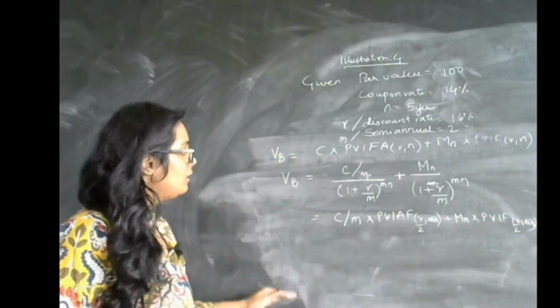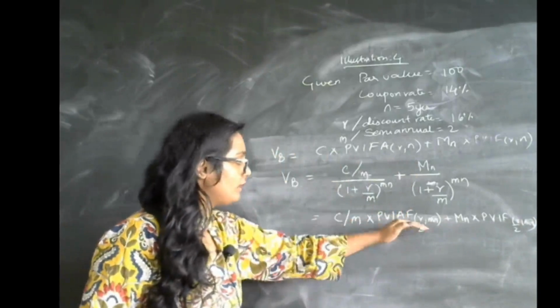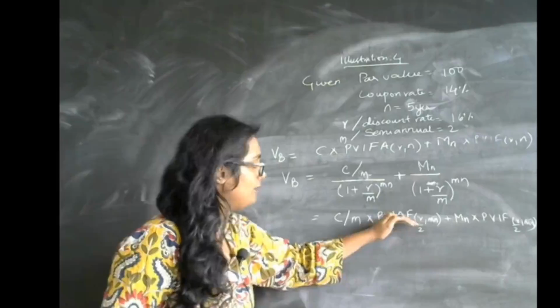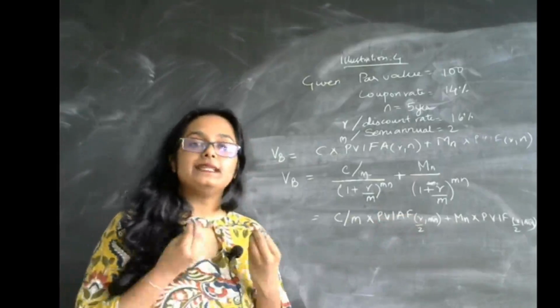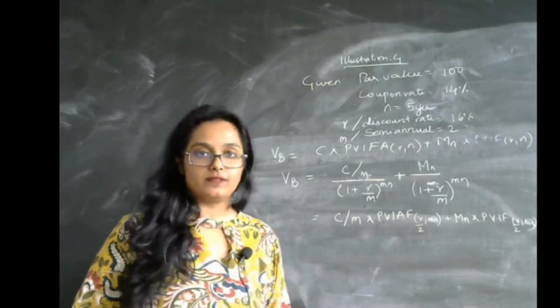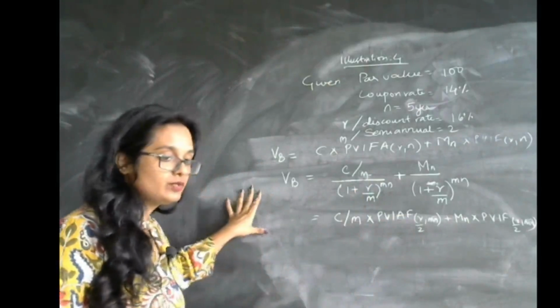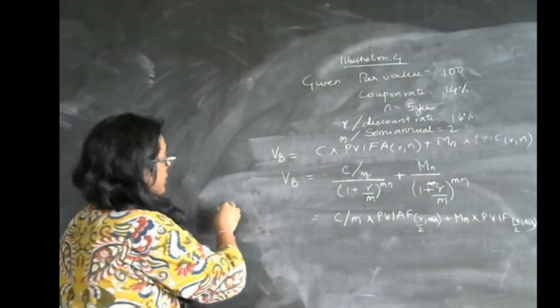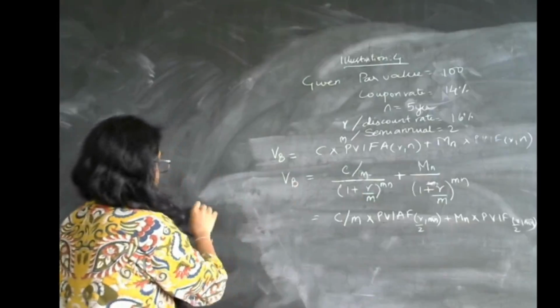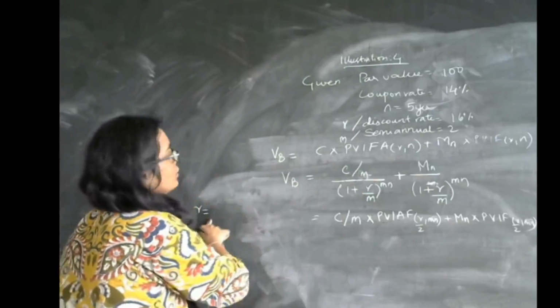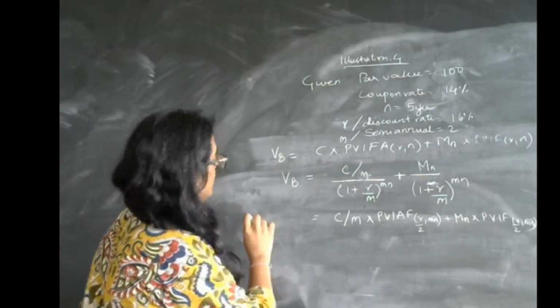Now the only thing that you need to know for the calculation of the present value annuity factor is the interest rate and the number of years. So you can do the calculations separately. Let us do the calculations over here. So now we want to calculate the R. Now you know that the R is semi-annual.